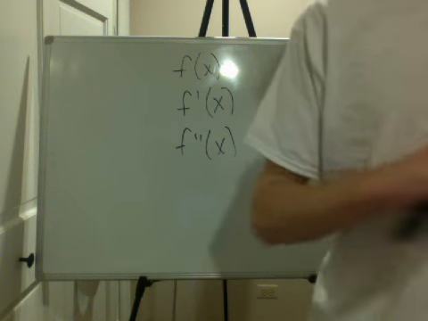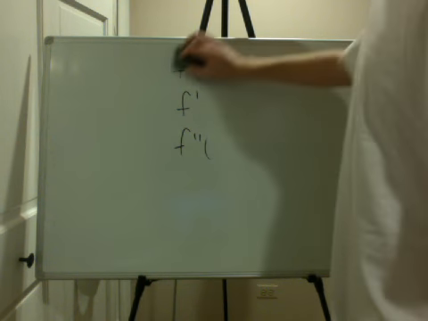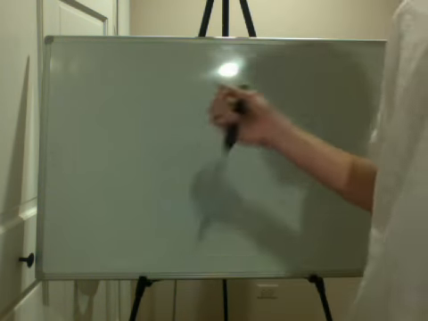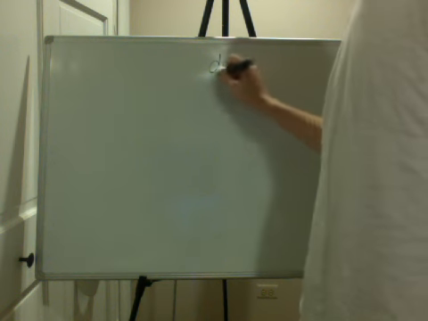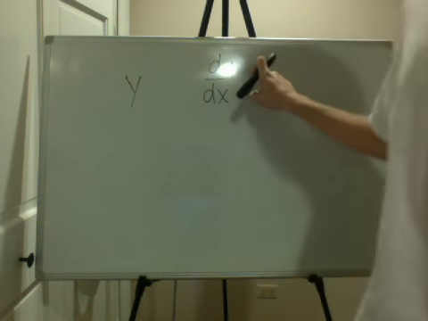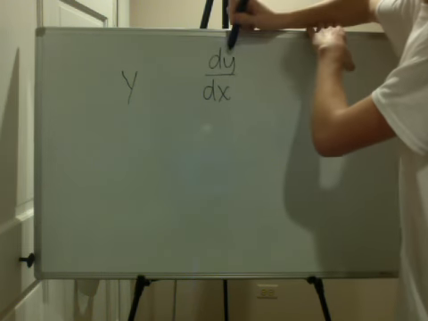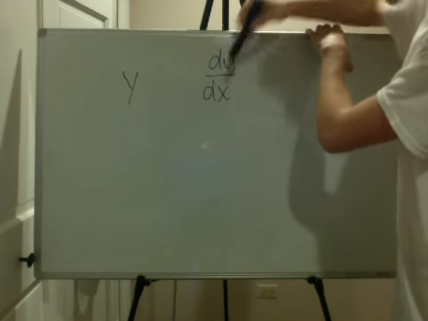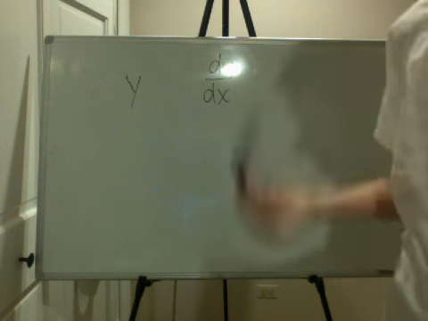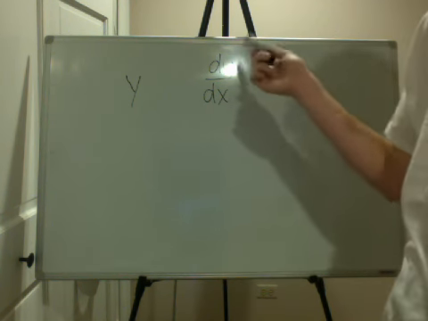After 3, you would start using the number, so it would be f with a little 4 on top, and then the x. Another way of writing derivatives is typically dy dx. dy dx is basically saying, if the original function is y, dy dx is the derivative of y with respect to x, meaning that there are x's in the equation you're taking the derivative of, and the equation is y.